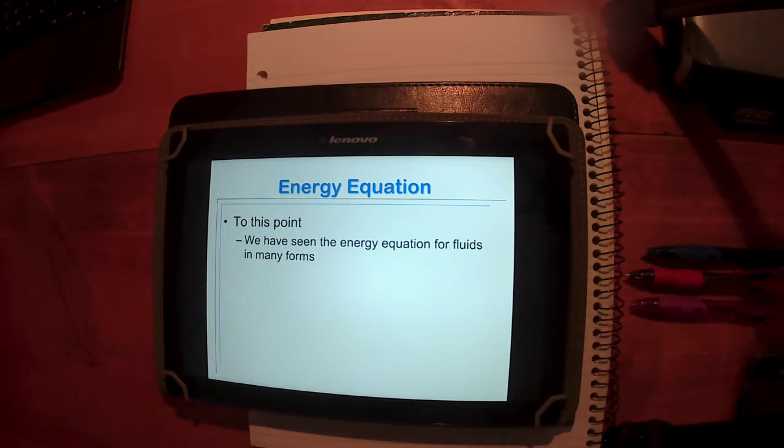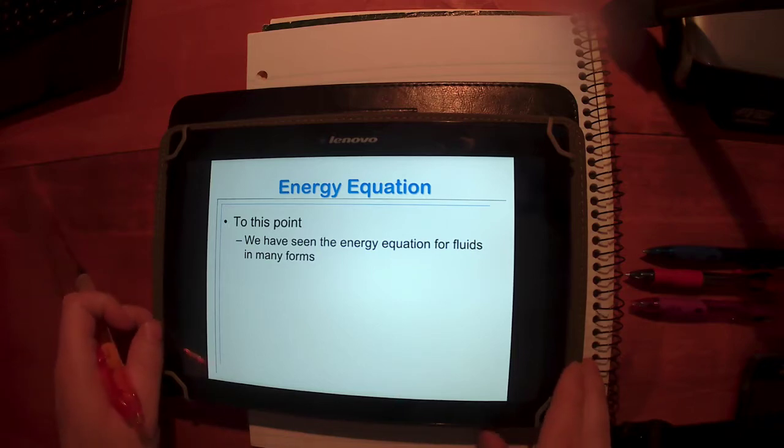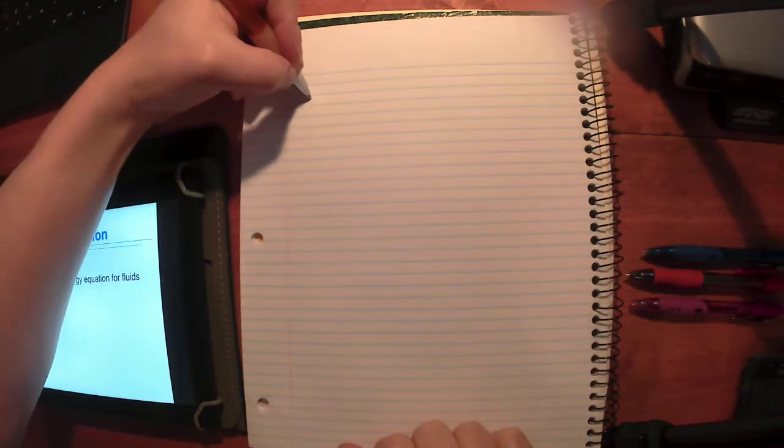So, this would be after exam 2. We would start up talking about being able to describe the effects of viscosity, right?